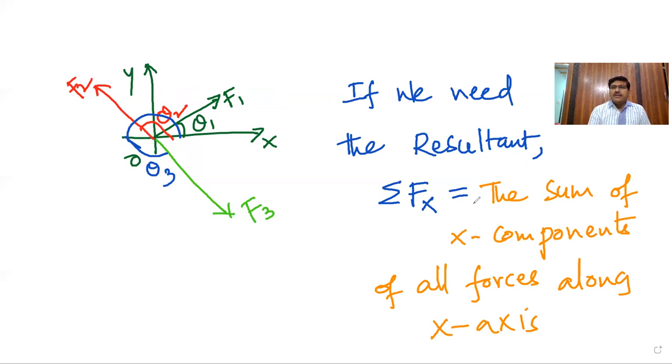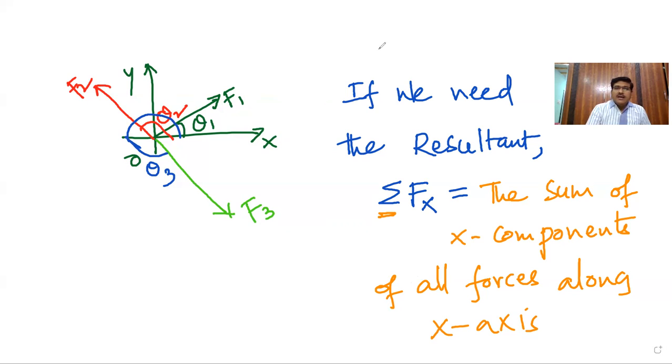That means horizontal components: F1's horizontal component, F2's horizontal component, F3's horizontal component, all the x components. Make the sum; sigma stands for the sum. Make the sum, sigma Fx. Fx stands for the horizontal component.